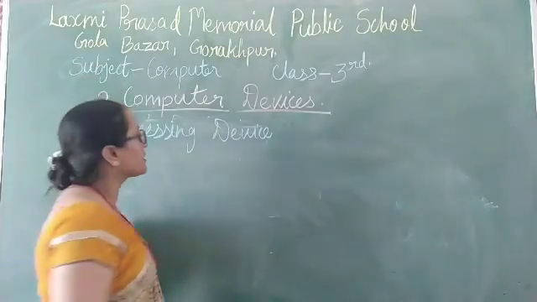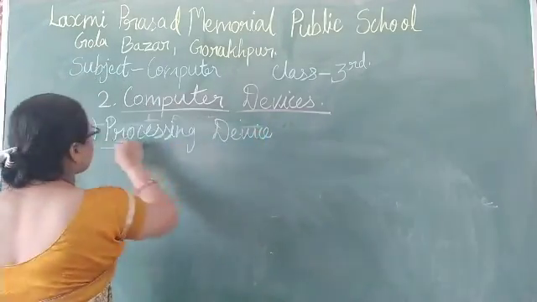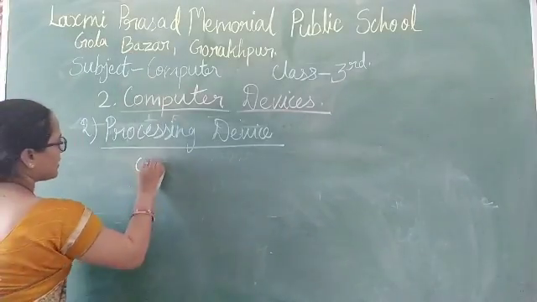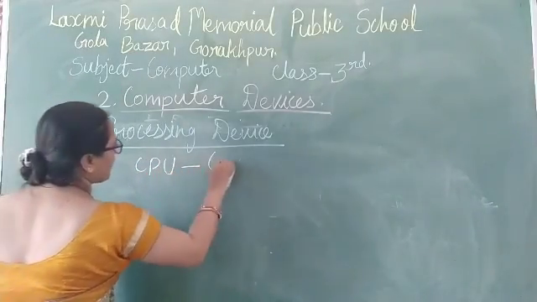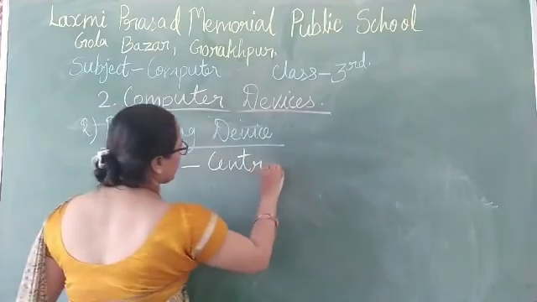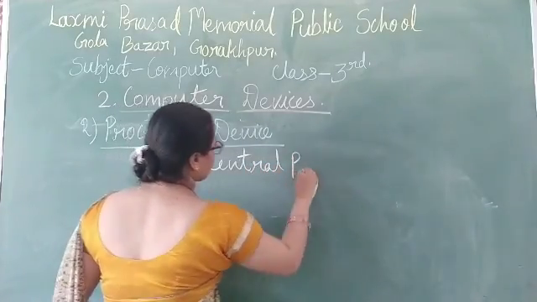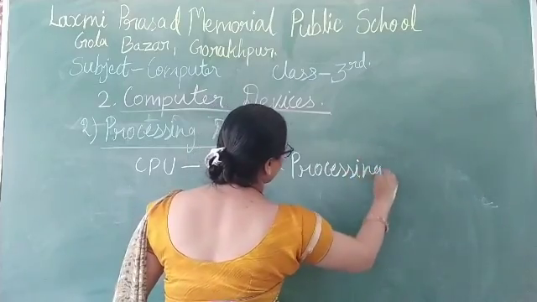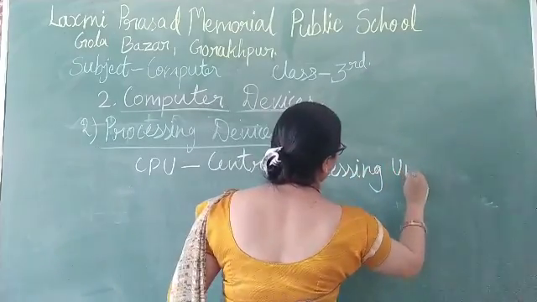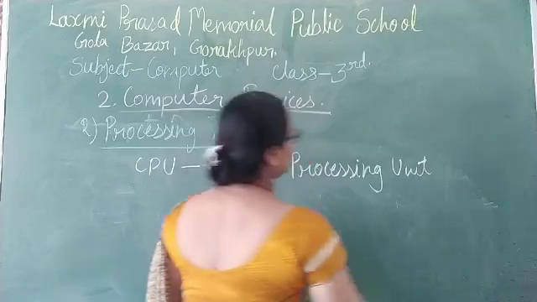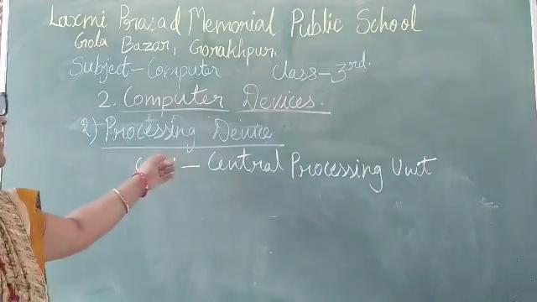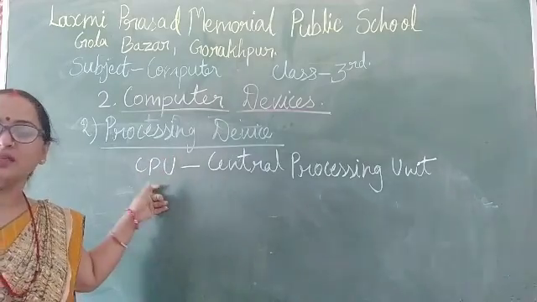CPU is the only processing device. In the processing device, we have only one thing, that is CPU. The full form of CPU is Central Processing Unit.